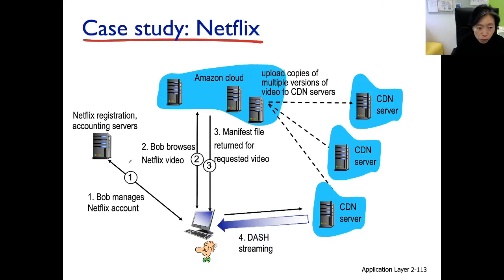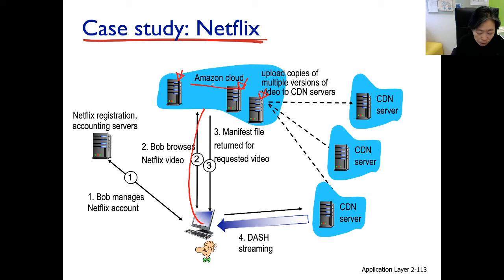In example 2, the content provider only needs to do the minimum, which is to provide the login service. So Bob here as a subscriber just logs in first. Okay, that's step 1. And quickly, Bob is redirected to the CDN. And in Netflix's case, Amazon's cloud is the CDN. So Bob will be browsing what videos are available, and ratings and how long the videos are, from the web servers Amazon has already set up.